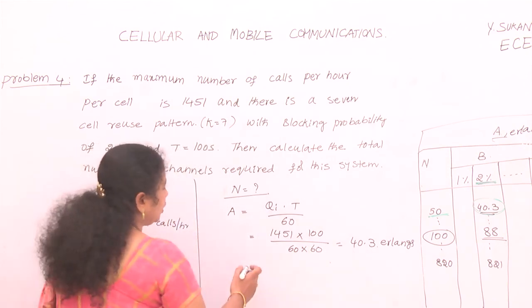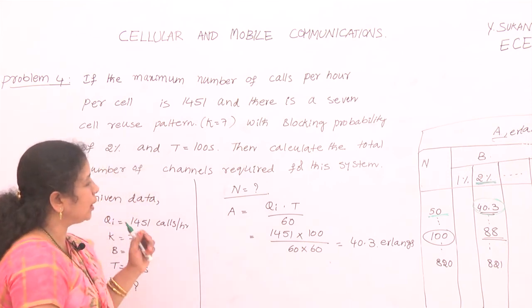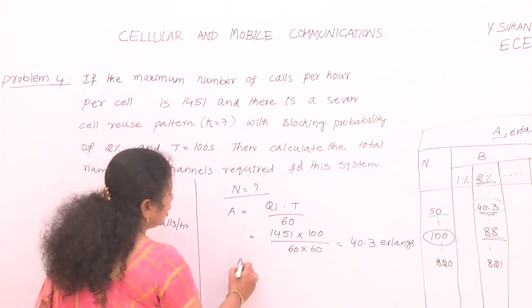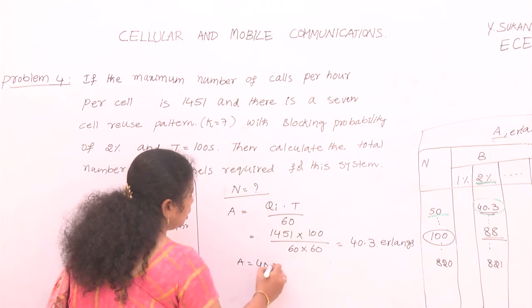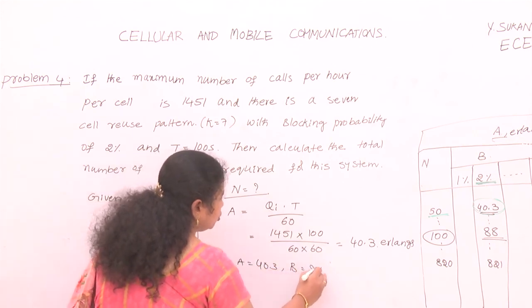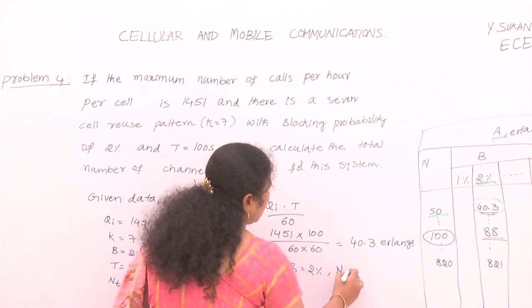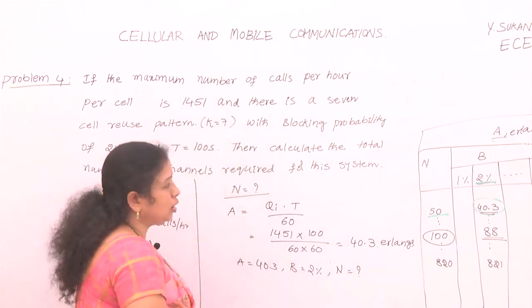Now it is possible to find the number of channels required, because A is about 40.3 with blocking probability of 2%. The value of n is found from the table.